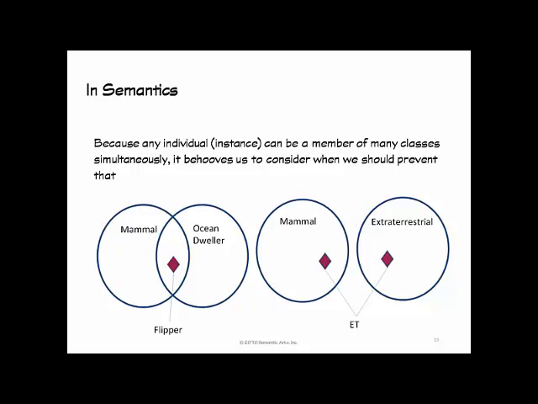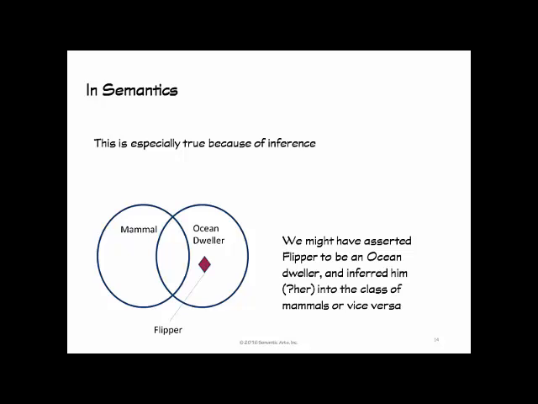Because that's the default assumption, it means we have to do something explicit if we want to say that two sets can't overlap, that ET, the extraterrestrial, can't also be a mammal. Although in this picture it makes it look like it does, that's an invalid ontology there.